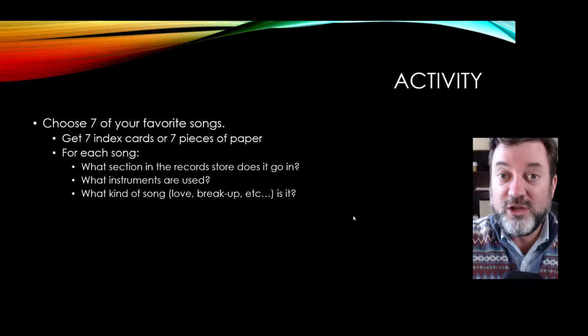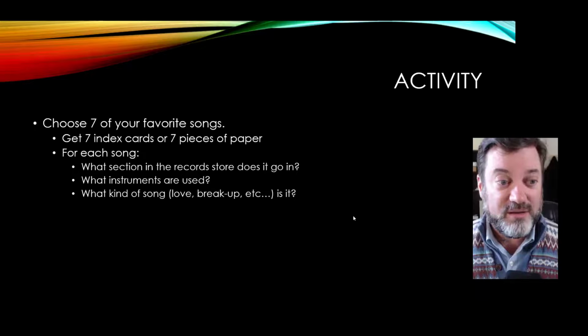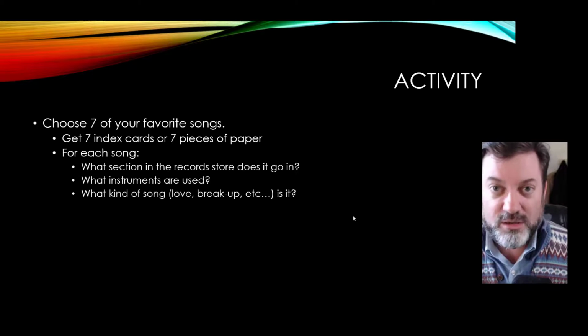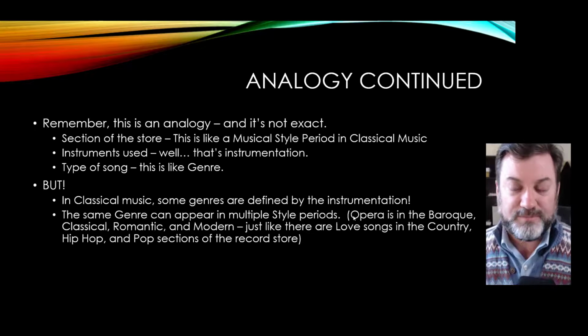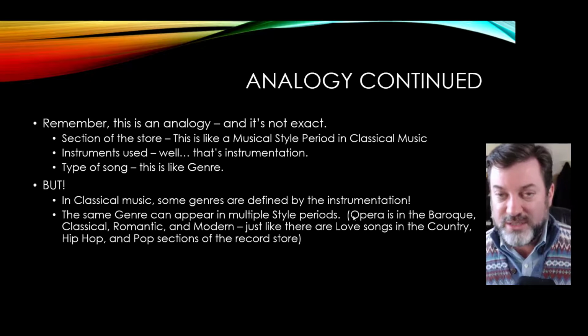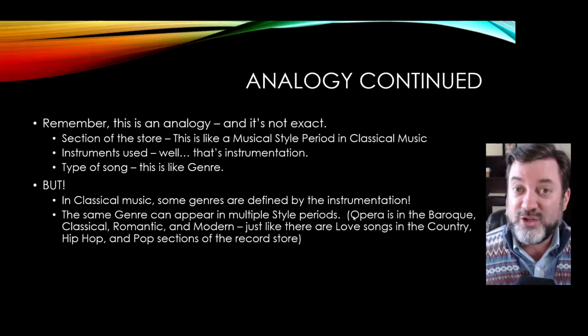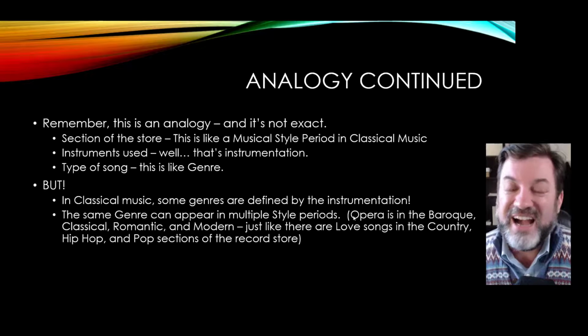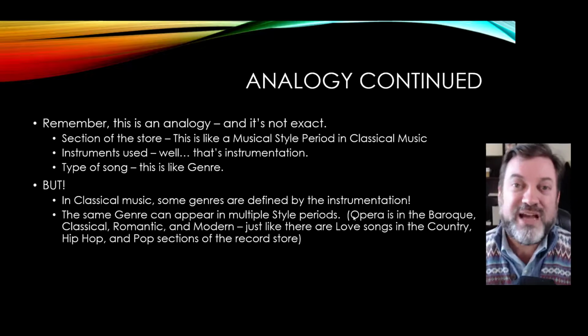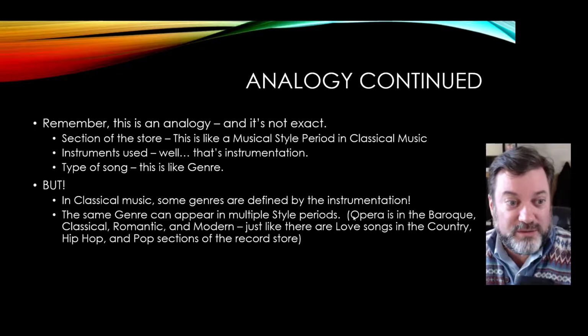Okay, so hopefully you've done the same with your 7 cards. Now, let's return to this analogy. And remember, this is an analogy, so it's not exact. But you can think of the section in your music store as kind of like a musical style period for classical music.